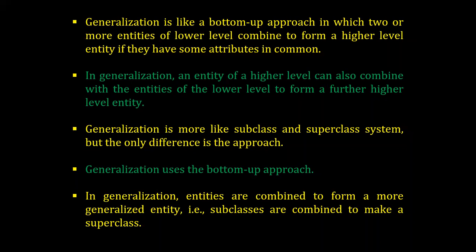This combination can be done if they have the same attributes. The entities at the higher level can be further combined to form the next higher level entities. We can say generalization is just like the subclass and superclass concept.